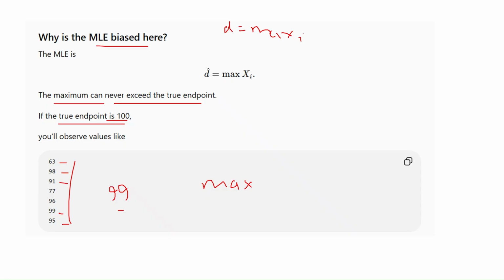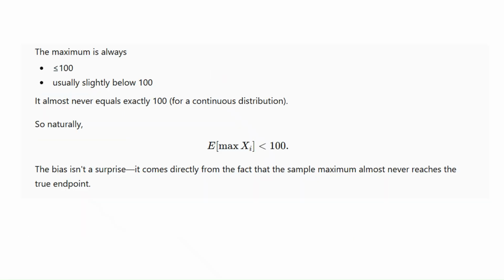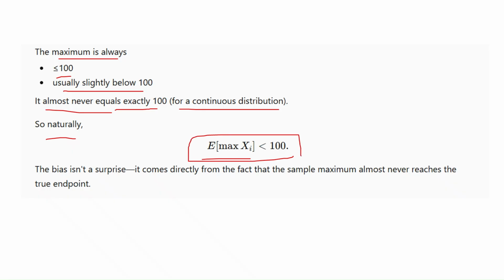So our estimate will be consistently lower than the true endpoint. So the maximum is always less than or equal to 100, usually slightly below 100. It almost never equals exactly 100 for a continuous distribution. So naturally, the expected value of max of xi will be less than 100. So this is where the bias comes from. It comes from the fact that the sample maximum almost never reaches the true endpoint.